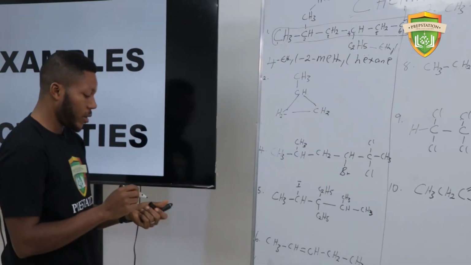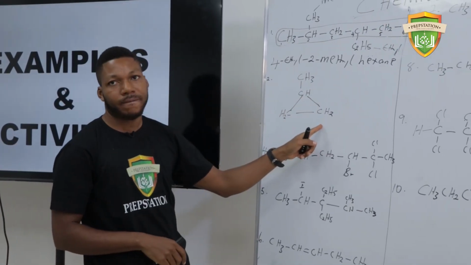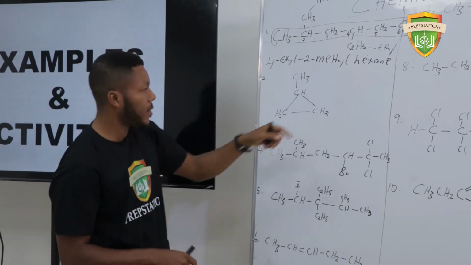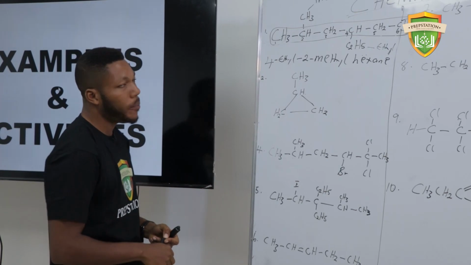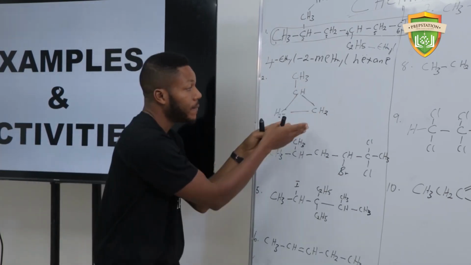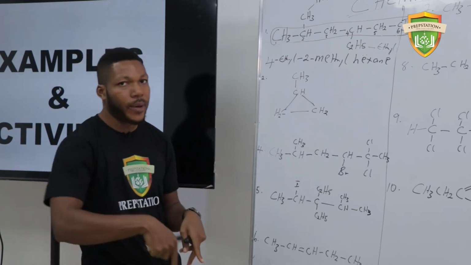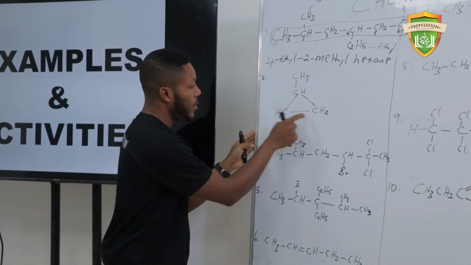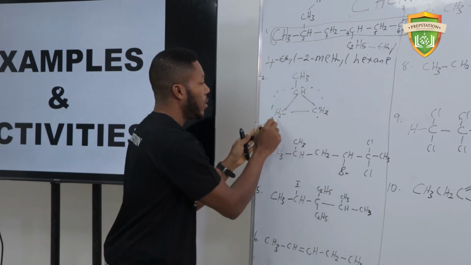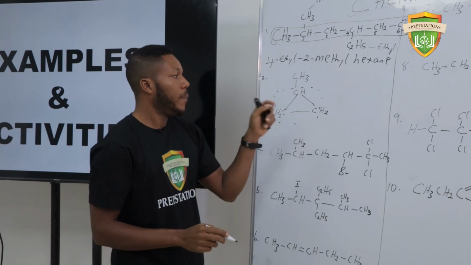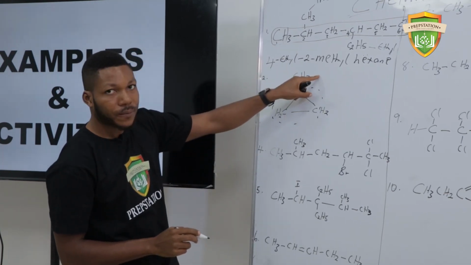All right, let's try the next one. Now this falls under the category of cycloalkane. Okay, so this is 1, 2, 3, which means that it is a propane. Normally it is propane, but because it forms a ring, it becomes cyclopropane. So this is a cyclopropane on its own, but there is one substituent attached to it, which is a methyl group.